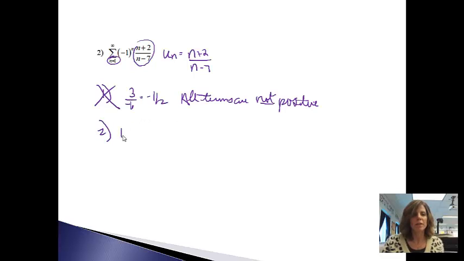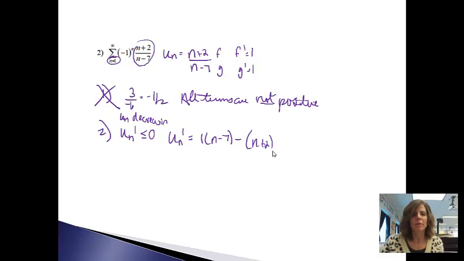The next thing that I would be looking for is making sure that u prime is less than or equal to 0. Again, we're trying to find that u sub n is decreasing. And if I did this, I would have to use the quotient rule. f prime would equal 1, g prime would equal 1. So using the quotient rule, f prime times g, 1 times n minus 7, minus f times g prime, which would just be minus n plus 2, all over g squared.